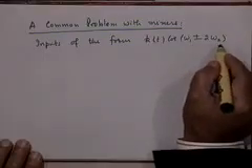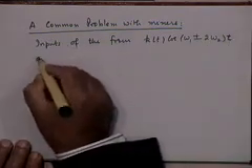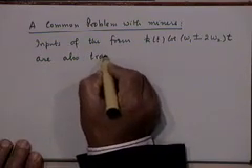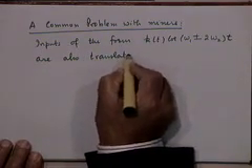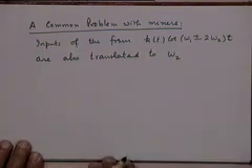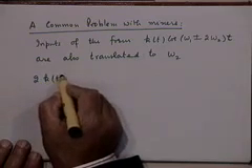So inputs of the form kt cos omega 1 plus minus 2 omega 2 t are also translated to, can you complete the sentence? To a center frequency of omega 2. To see this, let's go through the trigonometry.